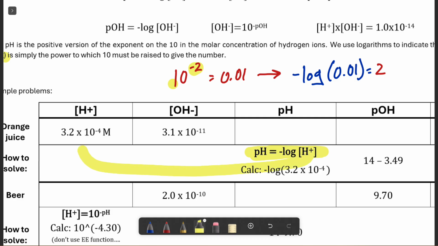And I already know what the concentration of H plus is. So all I need to add to my calculator is negative log 3.2 times 10 to the negative 4. You can go ahead and add that into your calculator now.